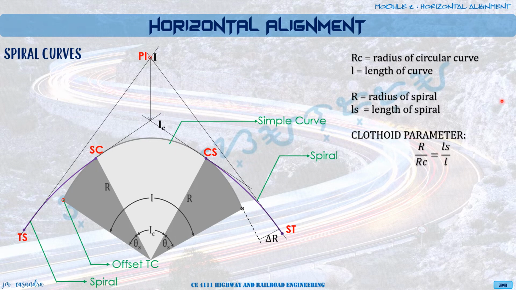So we have now R divided by RC is equal to LS over L. Or from this equation, we could get the value of the radius of the spiral by computing, or by the given spiral length, radius of curvature of the simple curve, and the length of the curve.